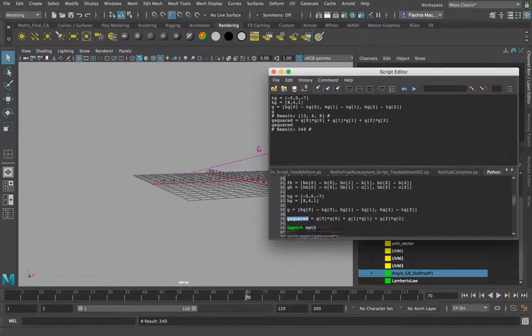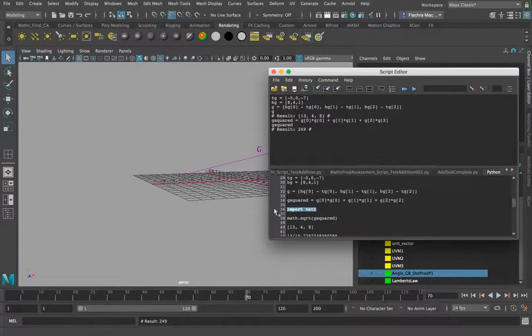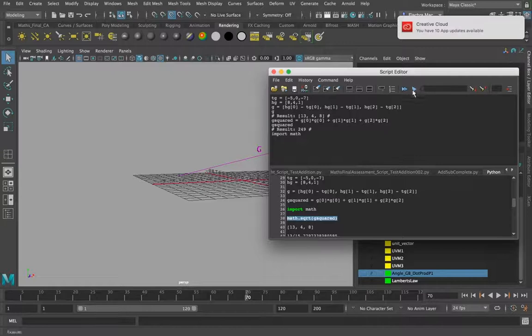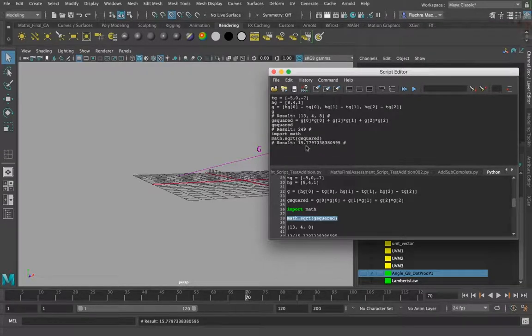The result is 249. We then have to find the square root of that, and it is 15.779.